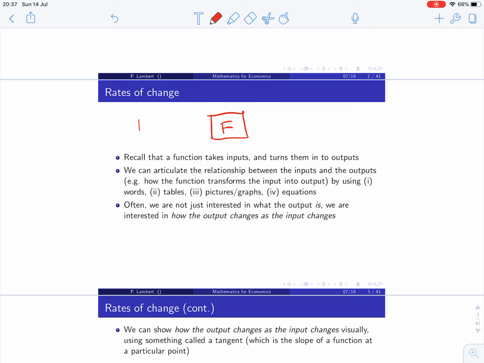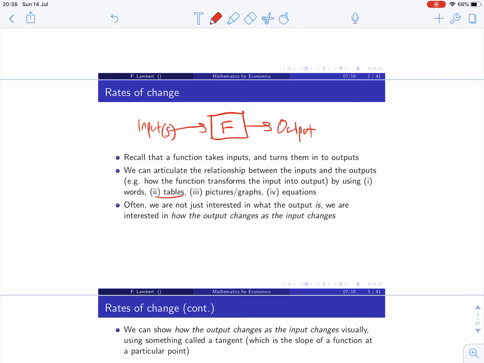The function always takes some kind of input, and then the function spits out some kind of output. So quite often we express this particular relationship between input or inputs using tables.